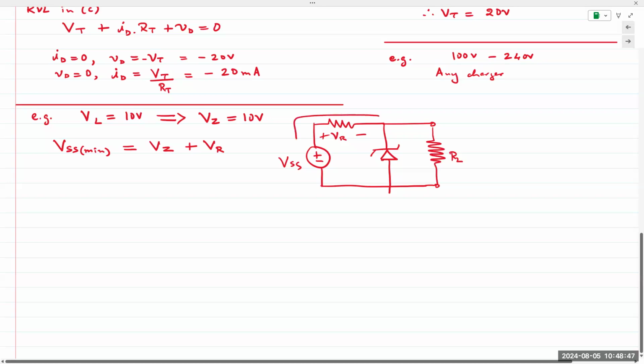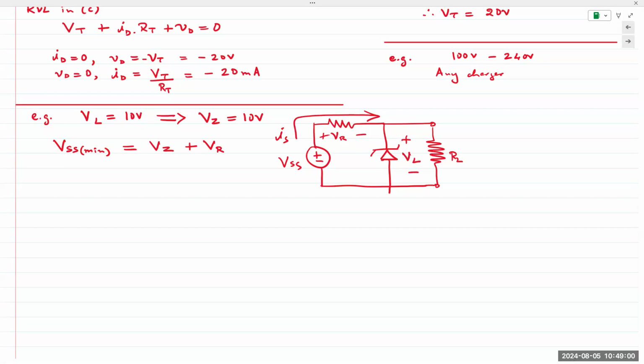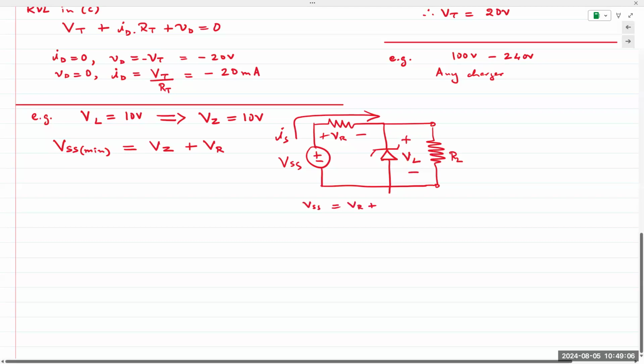Current flows in this direction. And this is VL or VZ, whichever one you want to call it. If you apply KVL, you have VSS is equal to VR plus VL.